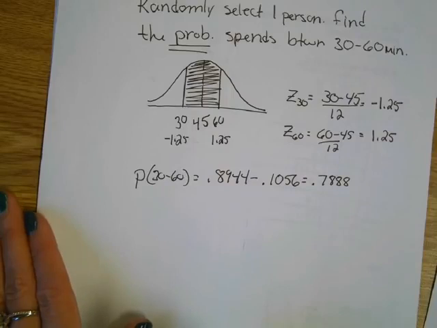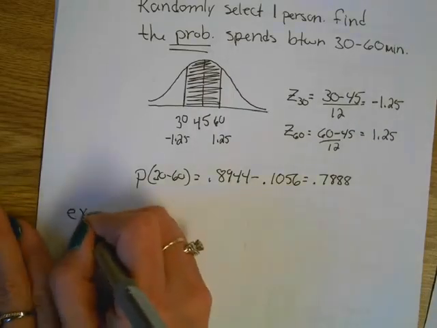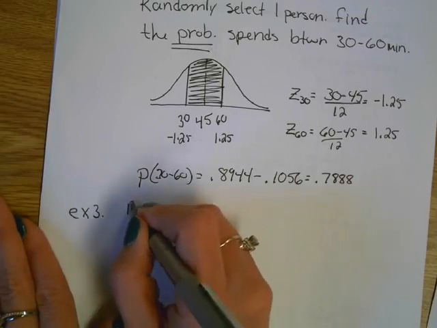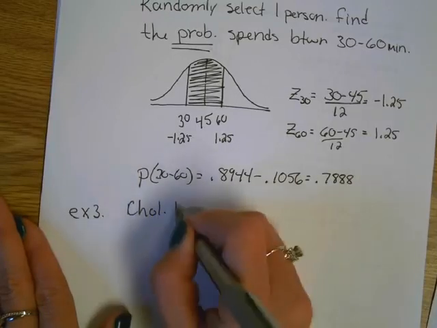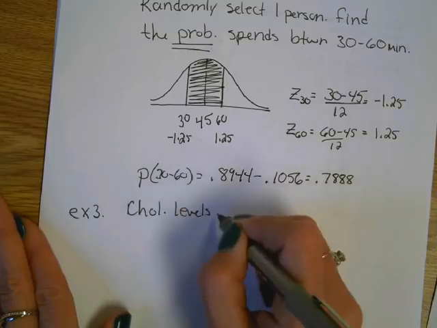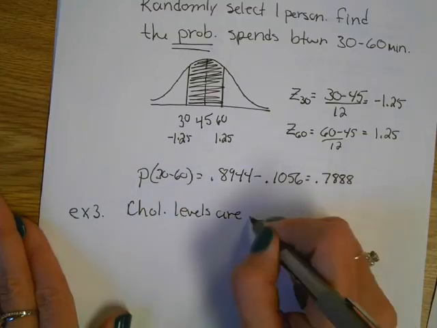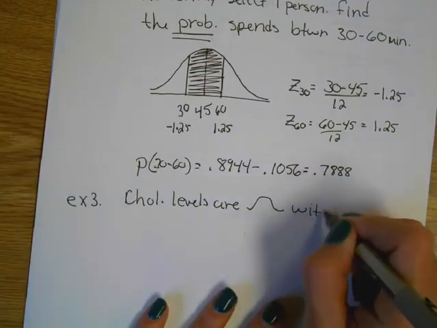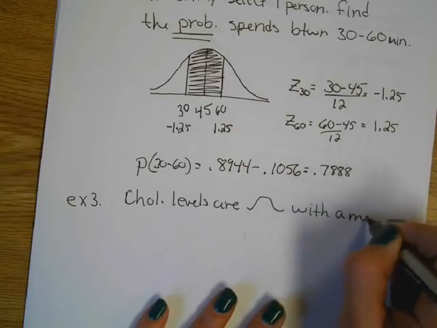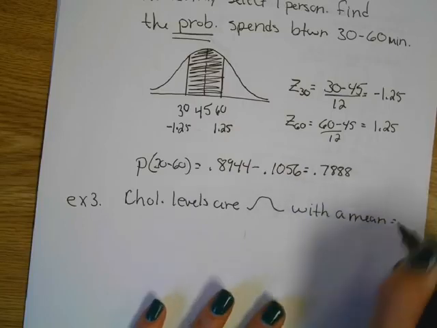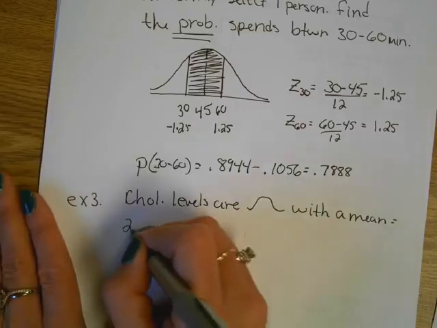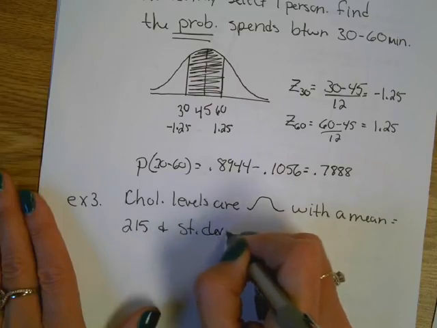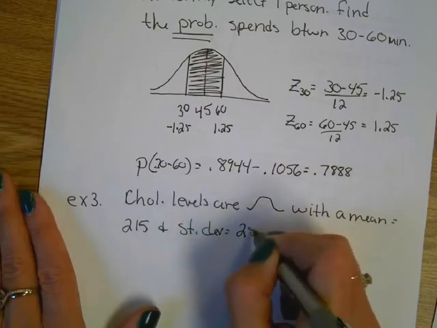Let me change it up. Okay. Cholesterol levels are normally distributed with a mean equal to 215 and standard deviation 25.